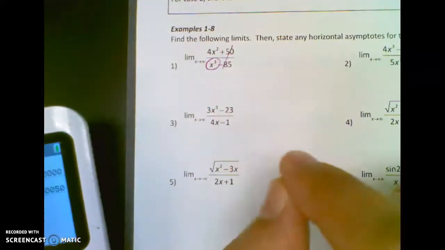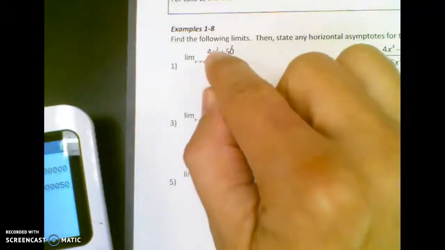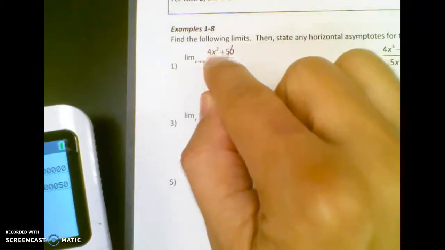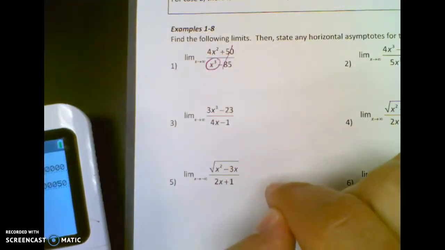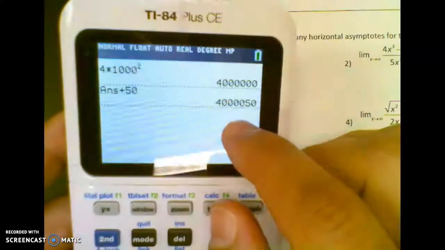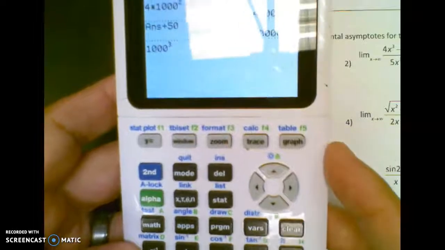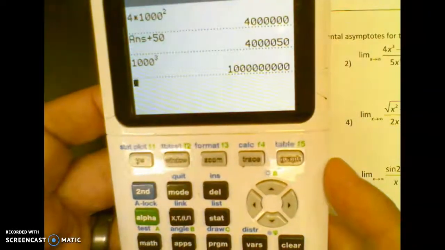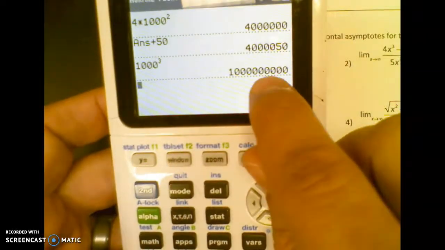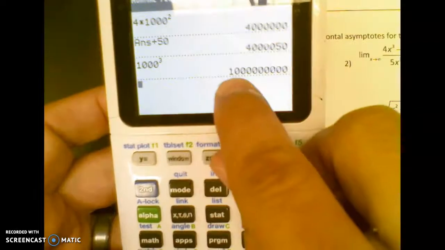But what I'm telling you is the 4x squared is not even that big of a number. Even though it seems huge already, it's already at 4 million. Imagine what 1,000 to the third power is. Here's what the bottom is, just at 1,000. Oh my gosh. 1, 2, 3, 4, 5, 6, 7, 8, 9.